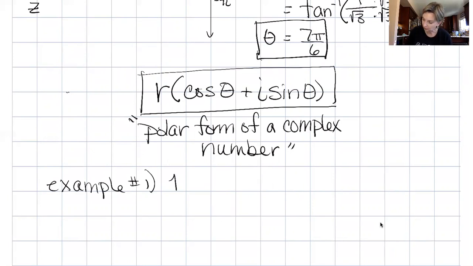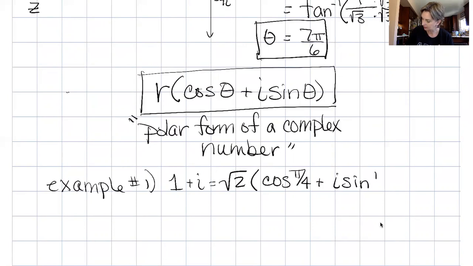So I started with 1 plus i, then I solved for r and I solved for the angle, and I can plug those in. And there you go. There's the polar form of a complex number.